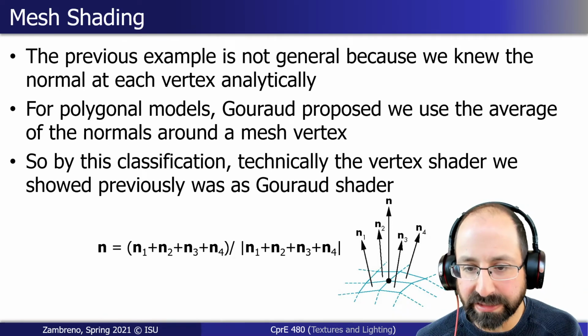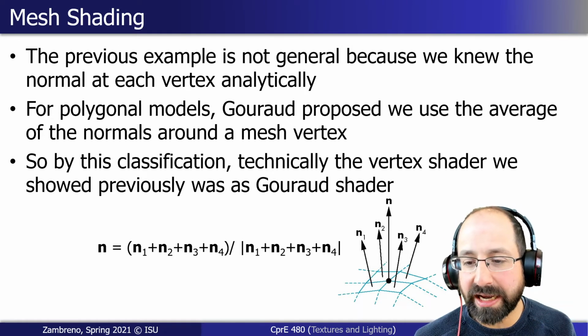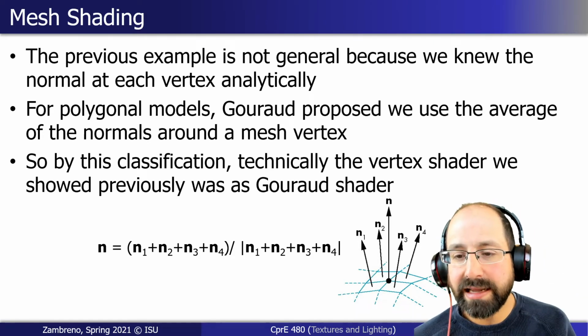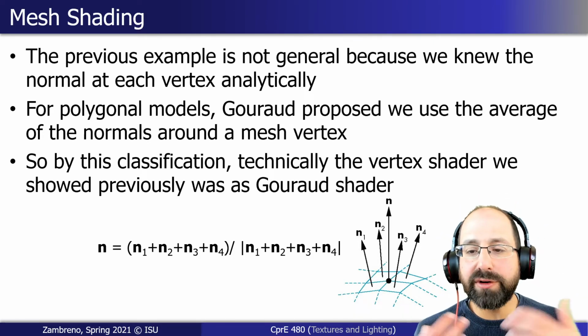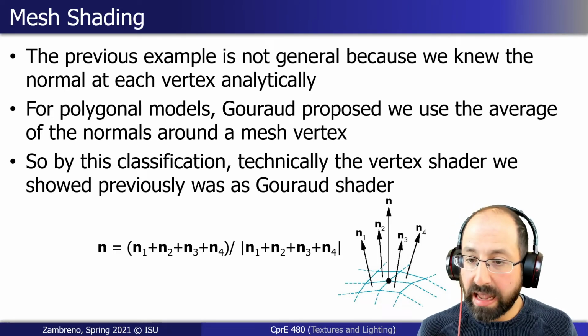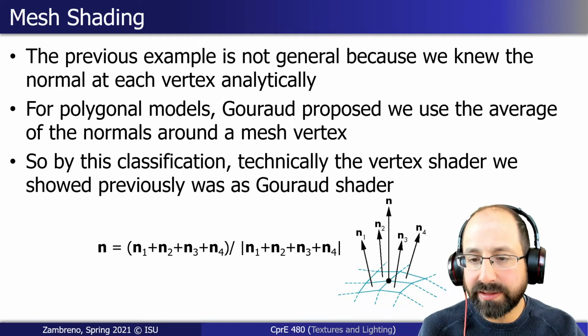You can think of it as being connected to multiple triangles, right? And so the Gouraud shading application of the Phong lighting model is to find the average normal at each vertex, and then to still do sort of a per vertex shading.